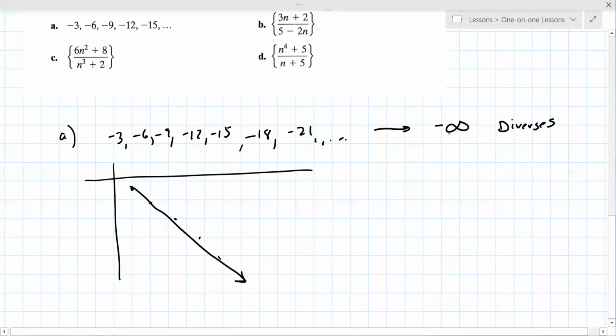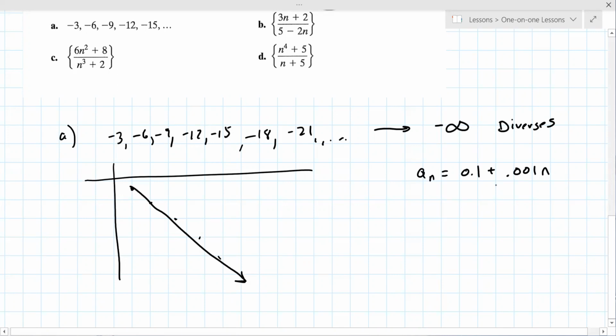Okay. So for example, let's just say you had a sequence like this: a_n equals 0.1 plus 0.001n.